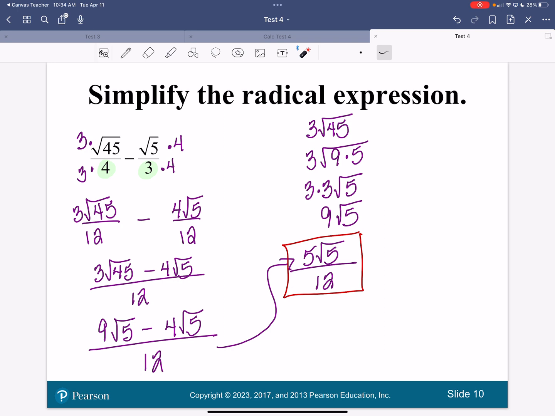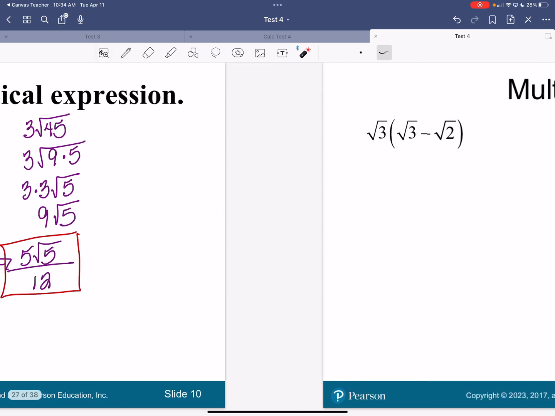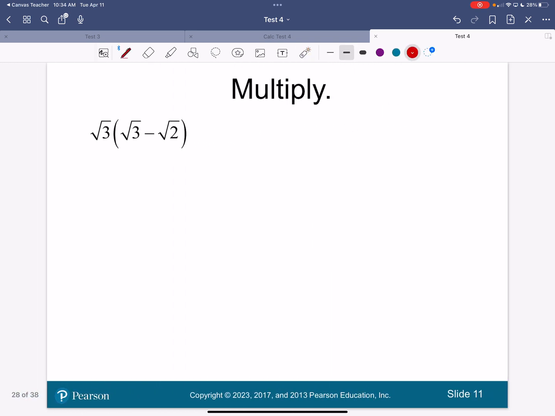Okay. Now, I want you to think of this right here the same way we would think of 2 times x minus 3. What would I do with this 2 right here? I would distribute it. 2 times x is 2x. 2 times -3 is -6.